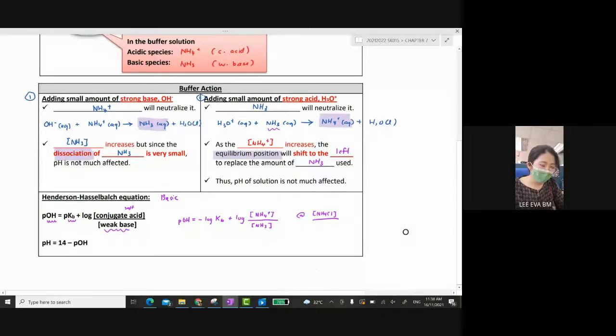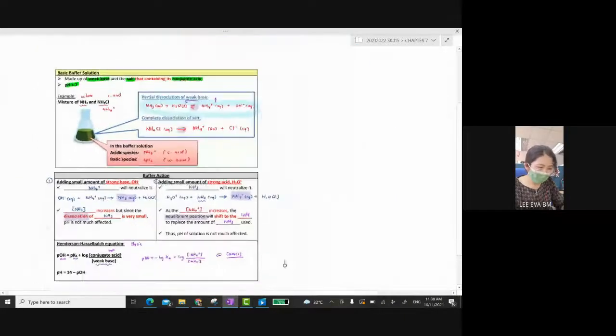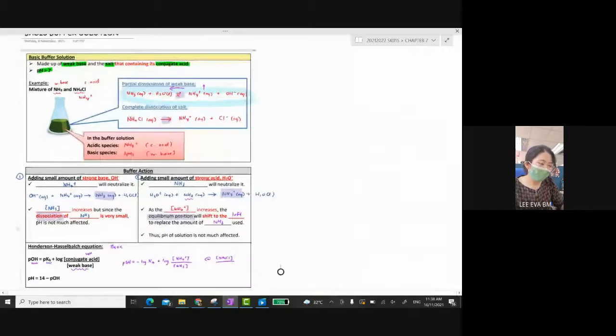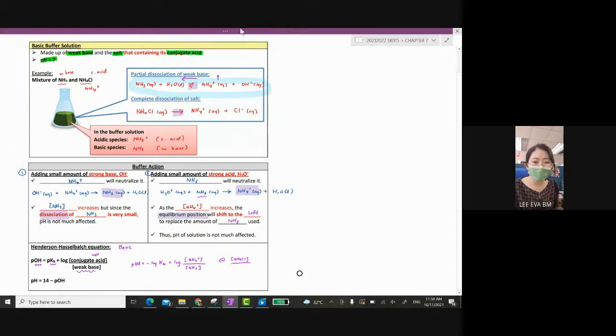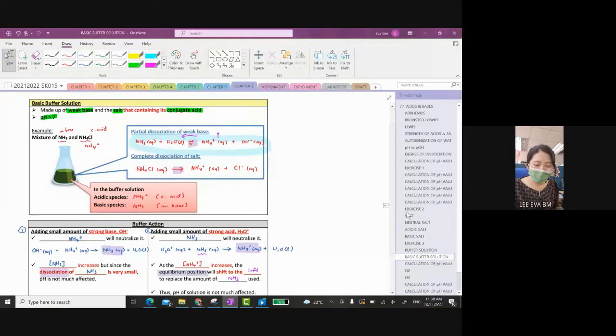Okay. So these two pages on acidic buffer and basic buffer are actually the whole content, the whole theory already. So we want to look at the example questions. In the notes, Madam gave you three questions to calculate the pH and two questions on buffer solutions.